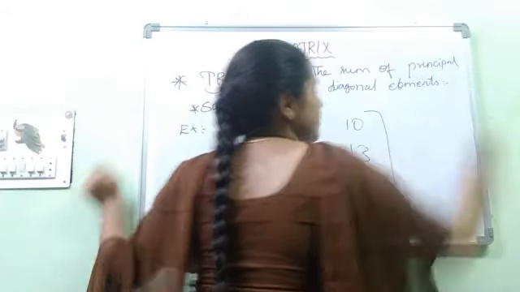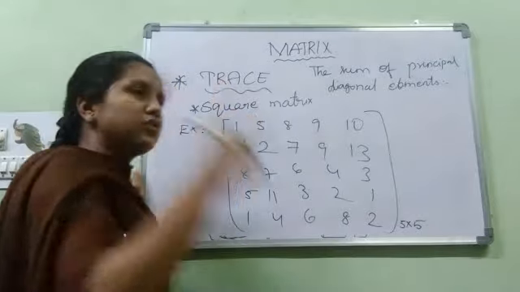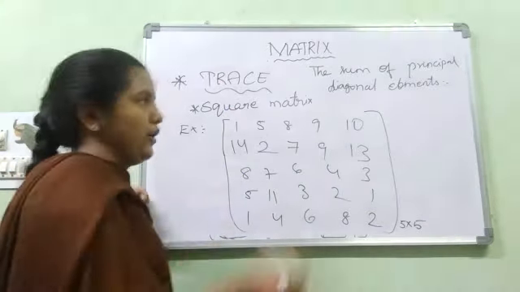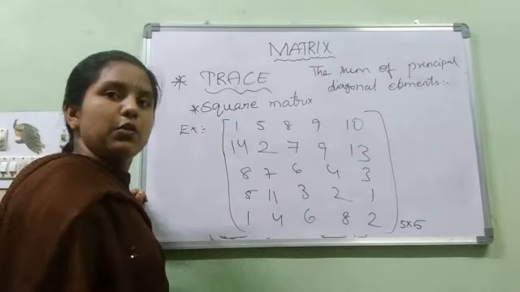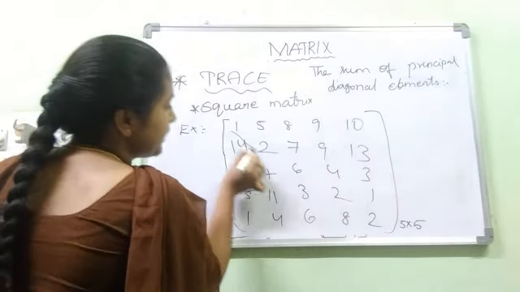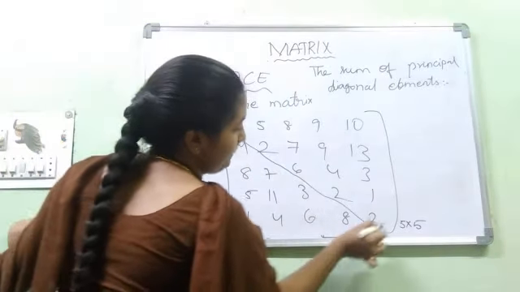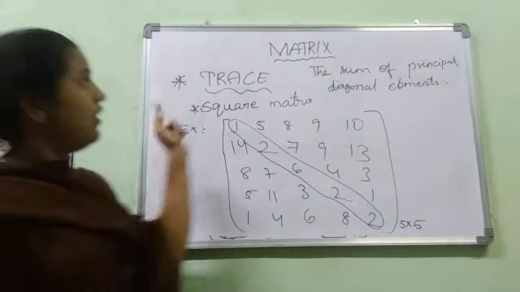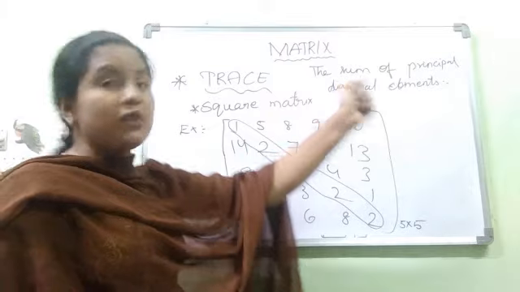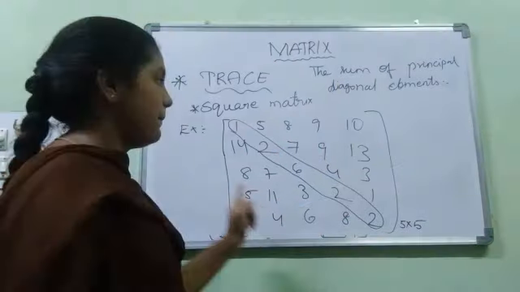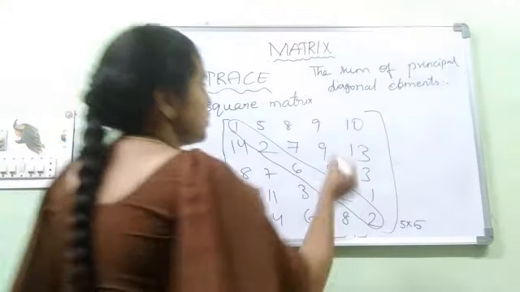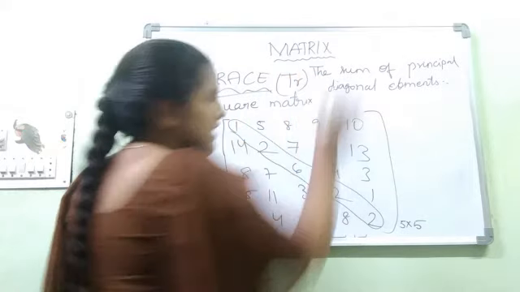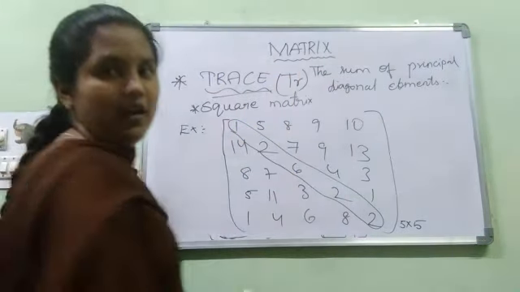What are principal diagonal elements? Once you refer to the types of matrices, the principal diagonal matrix, you'll get to know what are principal diagonal elements. So these are the principal diagonal elements. What I said here, what is trace? The sum of principal diagonal elements. Okay, sum means addition. So trace, we should note the symbol is TR. Okay, TR.